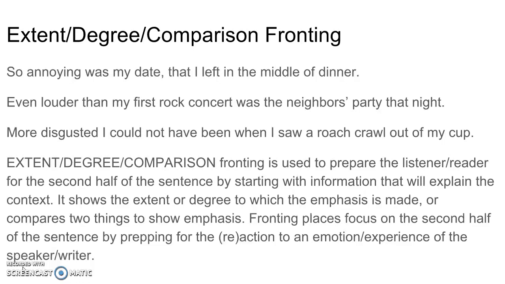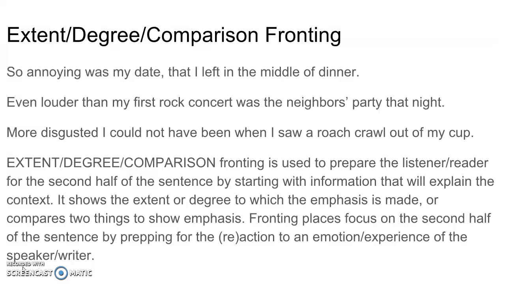Fronting in these examples places focus on the second half of the sentence by prepping for an action or a reaction that happened to an emotion experience of the speaker or writer. So in the so annoying was my date, the reaction was I left in the middle of dinner. The experience that we're comparing to in the second example is that the rock concert is a normal thing to compare to a neighbor's party.